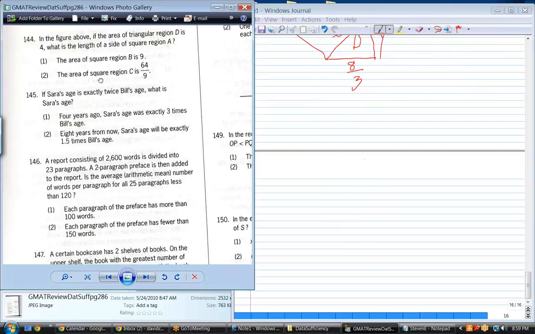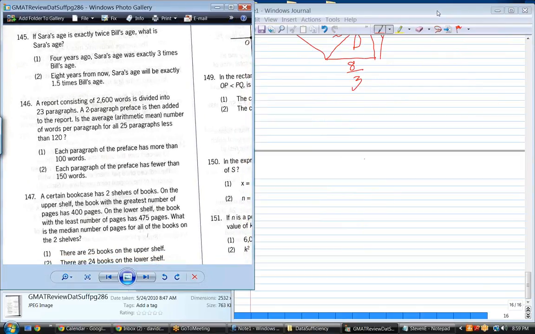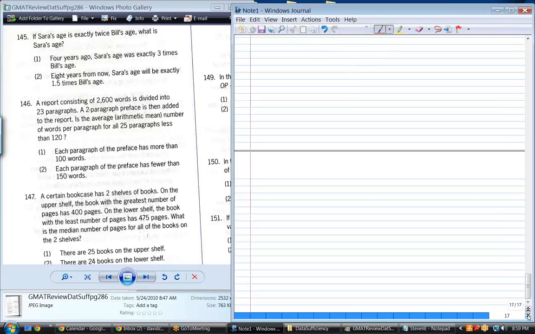For some reason, I find the geometry data sufficiencies a lot easier than other data sufficiencies. Sarah's age is exactly twice Bill's age. What is Sarah's age? And I remember saying that all age problems are back solving, unless they're data sufficiency, and then they're not.